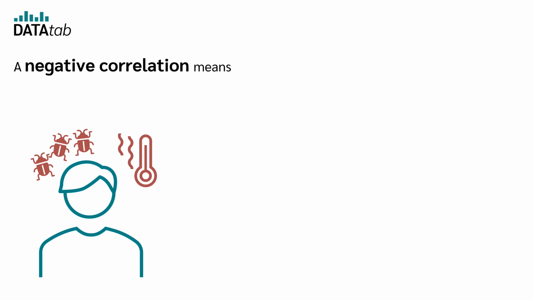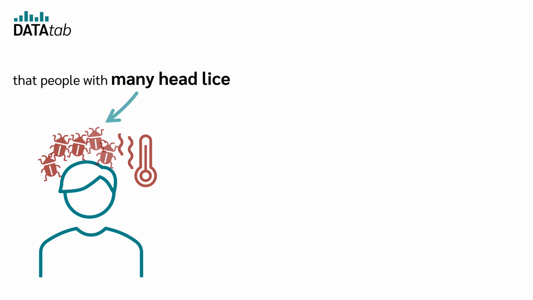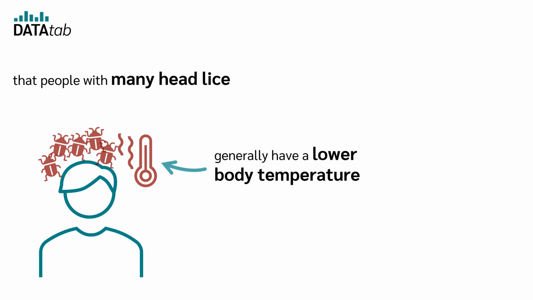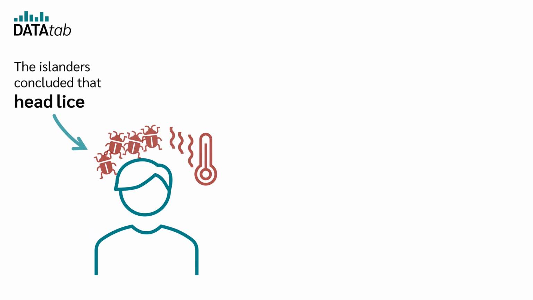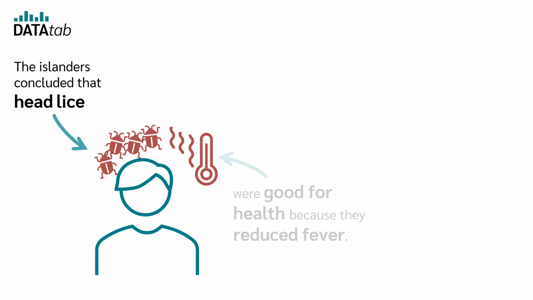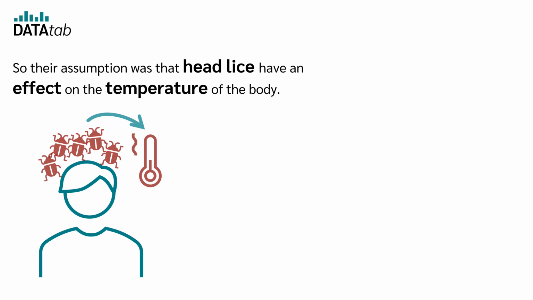A negative correlation means that people with many head lice generally have a lower body temperature, and people with few head lice generally have a higher body temperature. The islanders concluded that head lice were good for health because they reduced fever. So their assumption was that head lice have an effect on the temperature of the body.